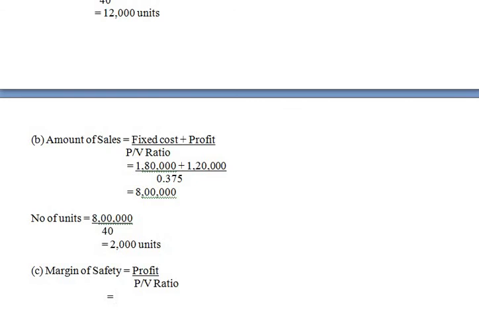So profit is 1,20,000 divided by PV ratio is 0.375. So that will be equal to 3,20,000. So margin of safety is 3,20,000.